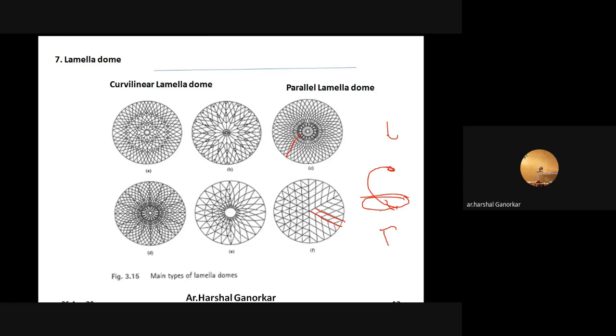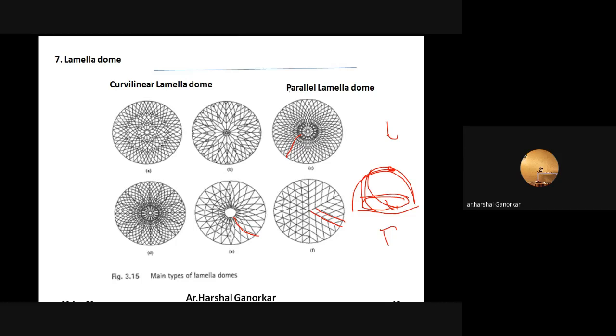When we join all these lines, then we get a dome. Hence, this line will be in curve. So we have to think about how this particular portion will be in curve. Here also, these are the petals, so this line will be in curve, horizontally as well as vertically.